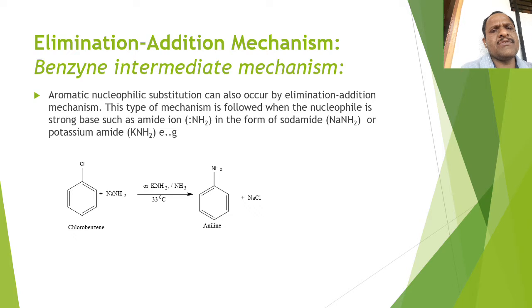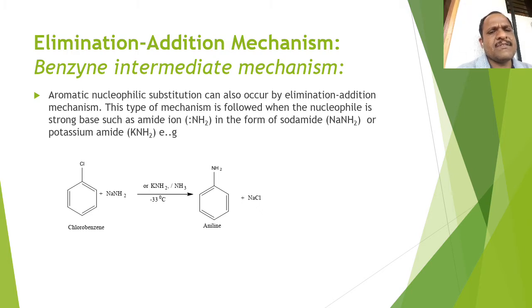When aromatic nucleophilic substitutions are carried out by the elimination addition mechanism, then if you use sodamide or potassium amide in ammonia as the nucleophile, here amide, that is NH2 minus, acts as a very strong base.